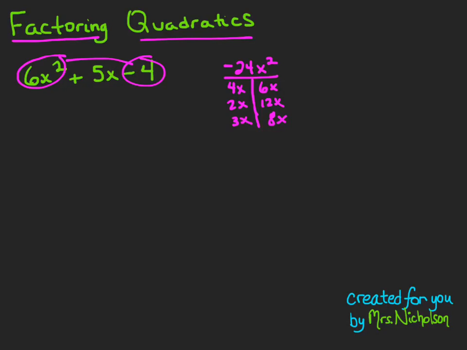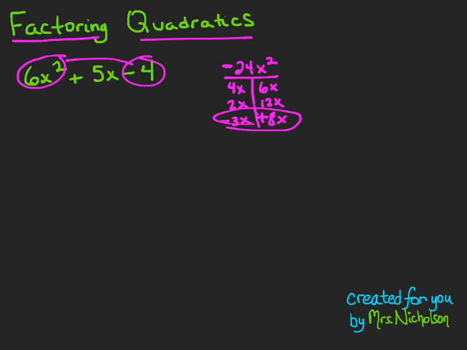And since my 24 is negative, I need to be subtracting those two numbers to get 5. Well, obviously 3x and 8x can give me 5 if I subtract. 8 minus 3 would be 5. I want to get a positive 5x, so I'm going to put a positive on the 8, and a negative on the 3.